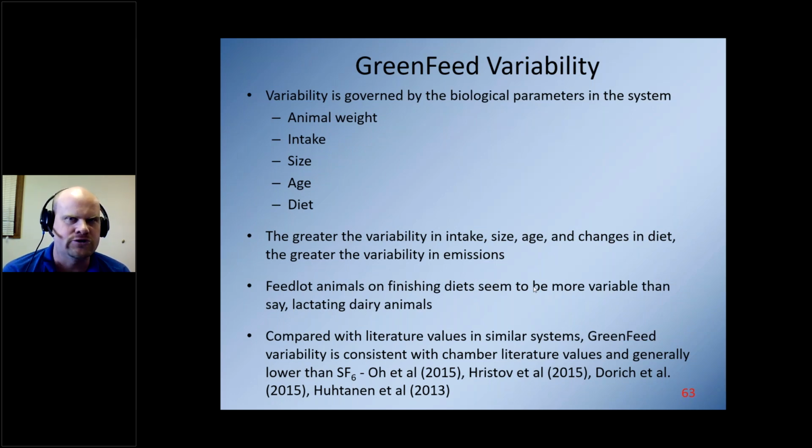But that's my theory. I'm sure the animal scientists online might have an opinion as well. But generally, finishing diets are much more variable than forage diets.